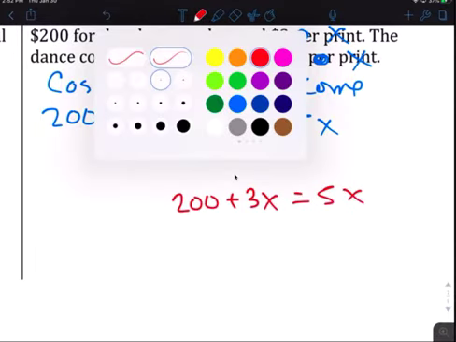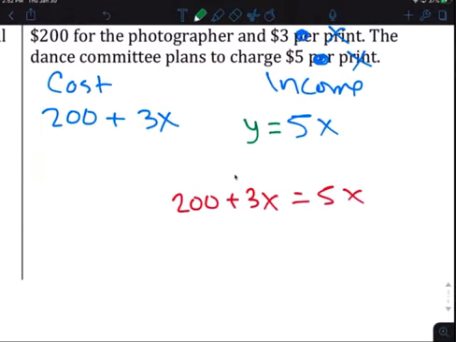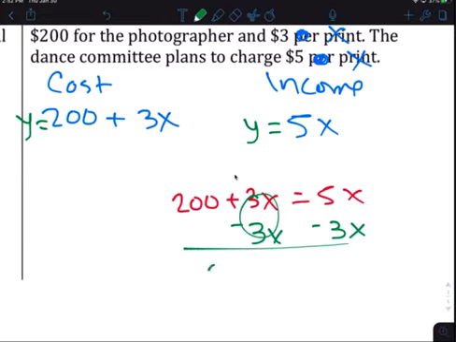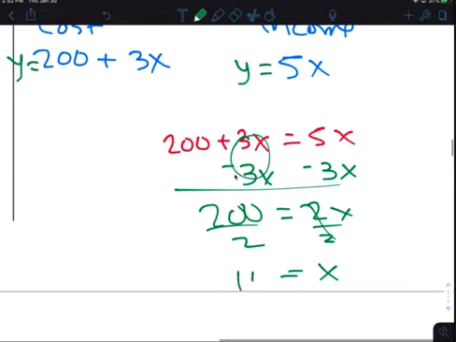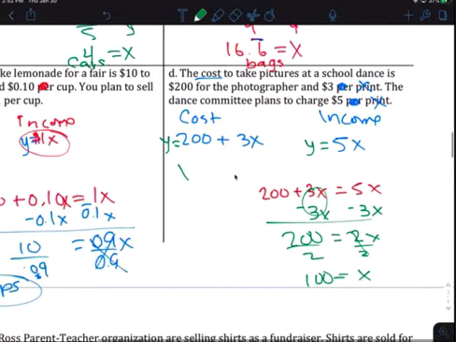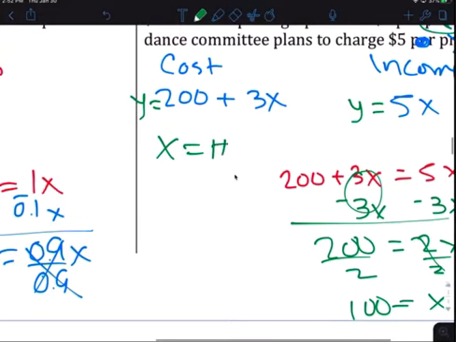Remember, this is an equation, so it's y equal, okay? You get that, and you minus 3x, 0 here, 200 equals 2x, divide by 2, x equals 100, and x is print, the number of prints.